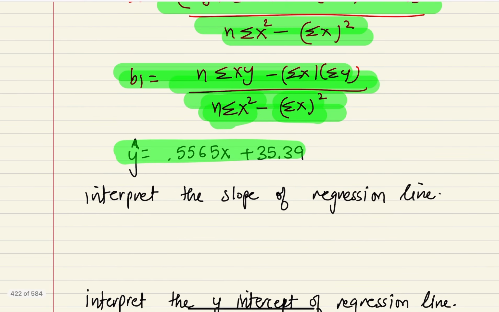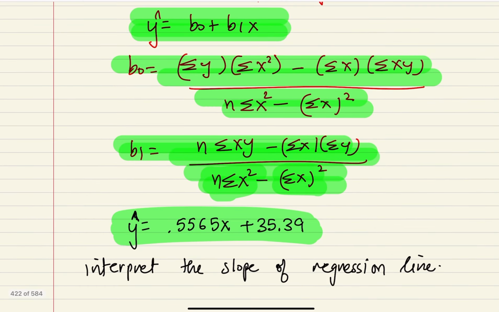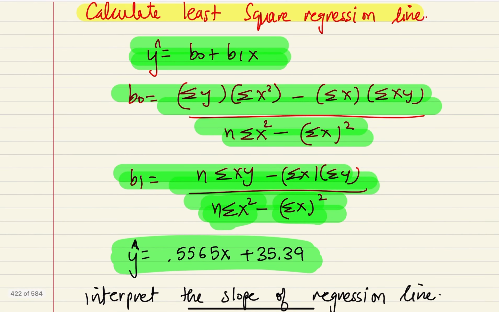So the predicted value y hat, the least square regression line, turns out to be 0.5565x plus 35.39. When we plug the values into b naught and b1, this is what our least square regression line, also called the line of best fit, turns out to be.